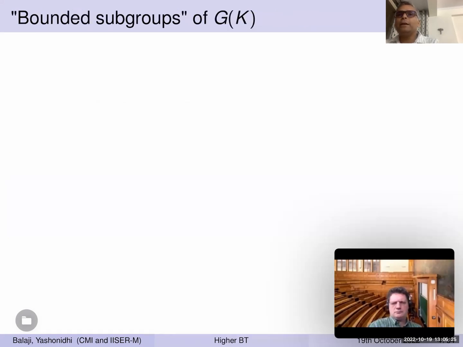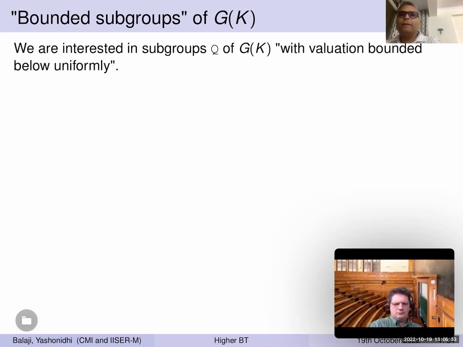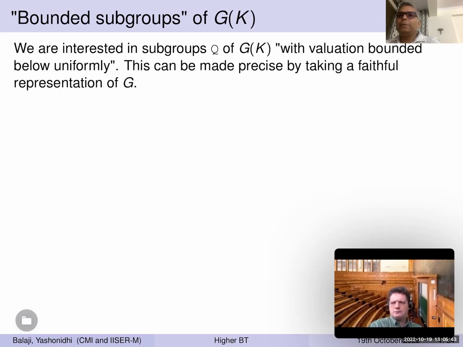Now I want to motivate what we will call bounded subgroups of GK, and we'll do it slowly. We are interested in subgroups Q of GK with valuation bounded below uniformly. This can be made precise by taking a faithful representation of G. So we can think of our group as a matrix group, and then it's very simple-minded thinking about the matrix entries and their valuations.